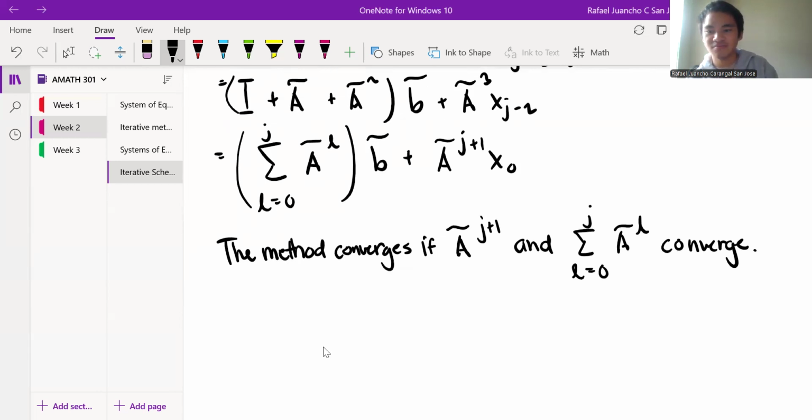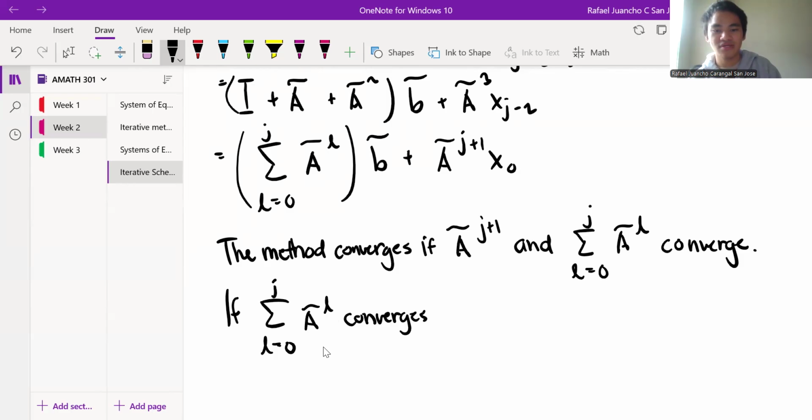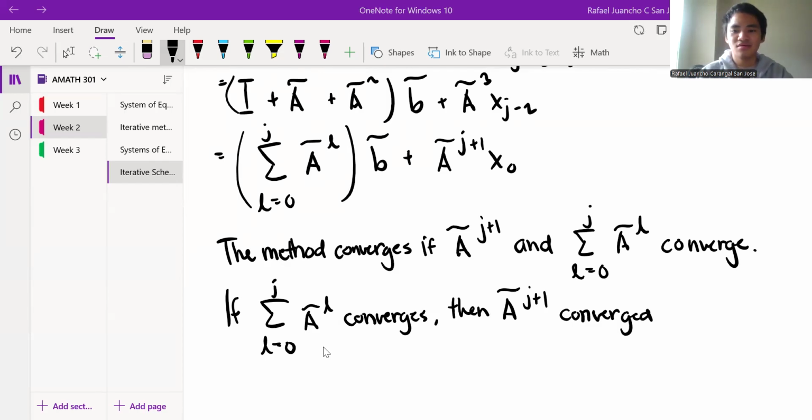Actually, if my summation converges, then it is pretty certain that my A tilde to the j plus 1 definitely converged, right?